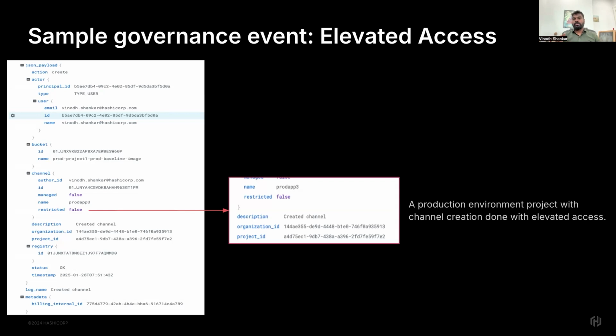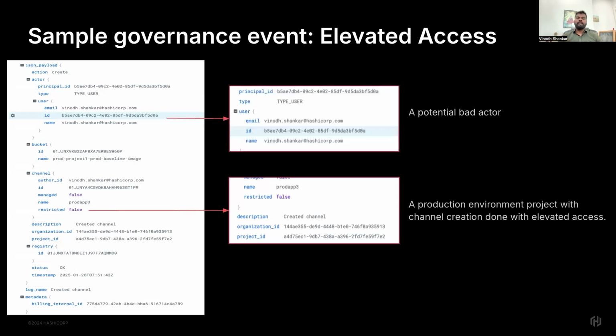This sample event shows a production environment channel that is created with elevated access that grants everyone permissions. This violates security standard governance protocols. Typically, a production environment should be restricted to specific users with necessary permissions, minimizing the risk of unauthorized changes.